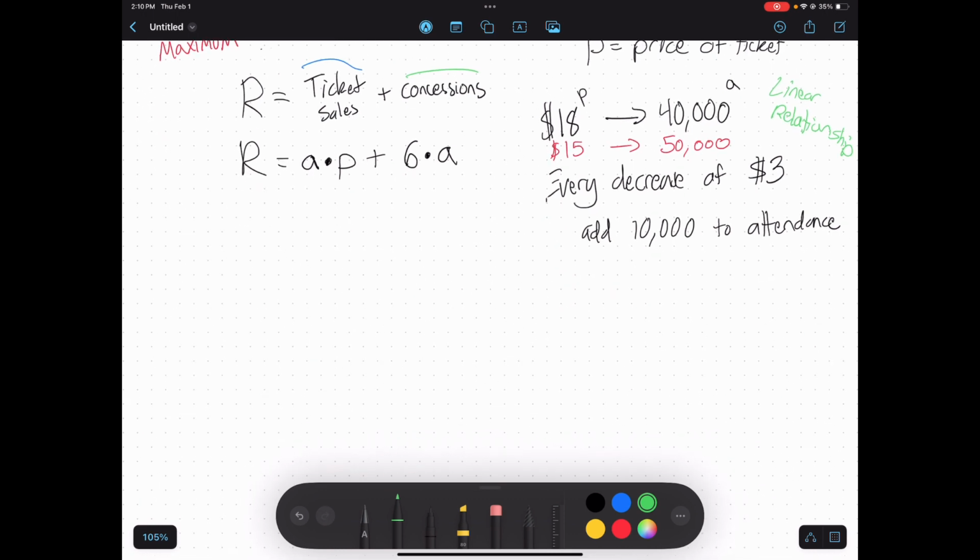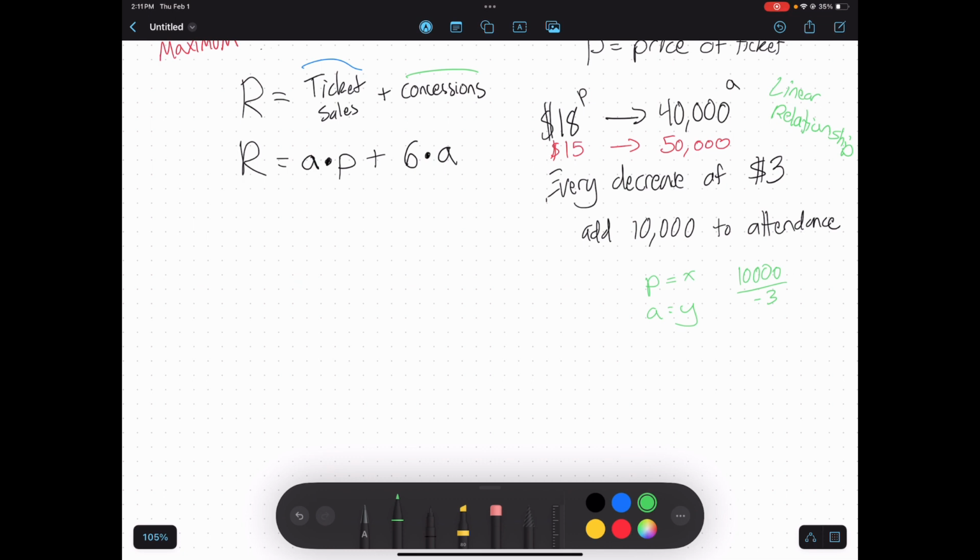Okay, so let's see if I can write an equation for this. First of all, let's have P be my X and A equal my Y. So if I do change in Y over change in X, I get 10,000 over -3, right? I add 10,000 when I decrease my price by 3. 10,000 over -3.